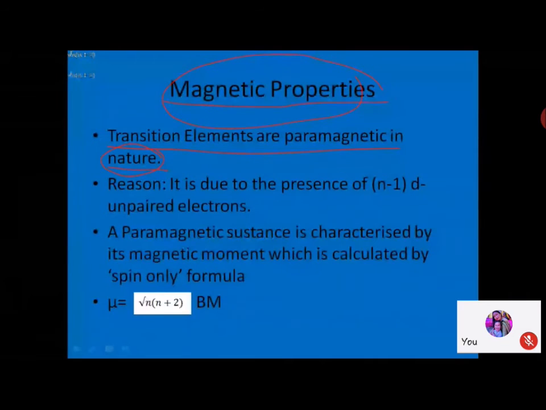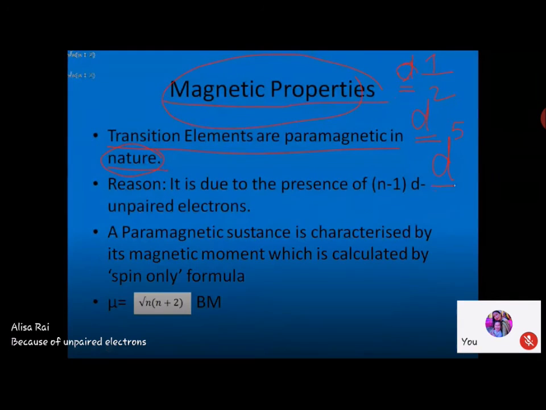Scandium has d1, vanadium has d2, manganese has d5. So they contain unpaired electrons in the n minus 1 d orbitals.